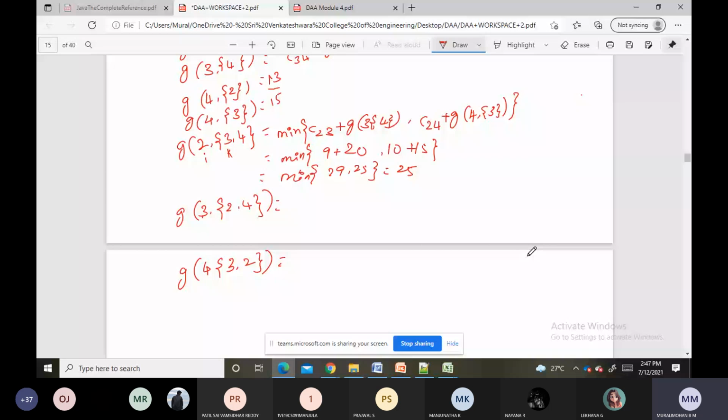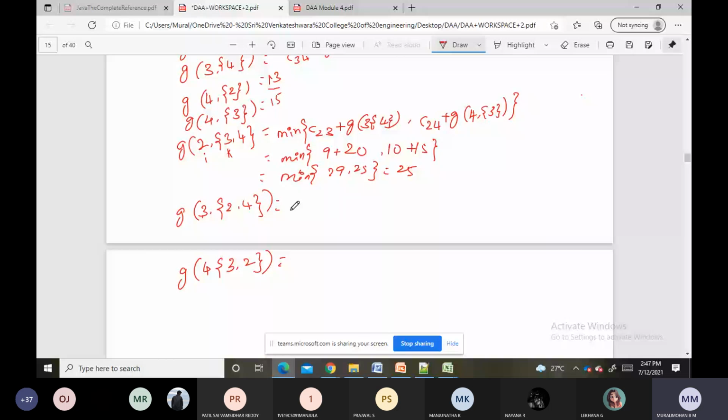Yes, what is the answer for this? Suppose if you selected as 3, then what is the answer for this? 25. Very good.